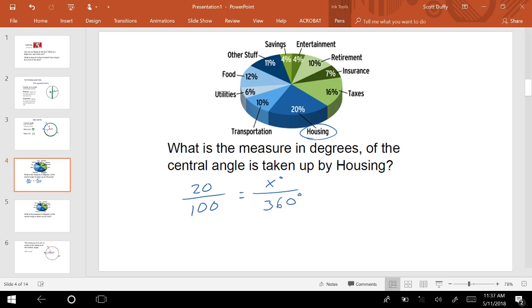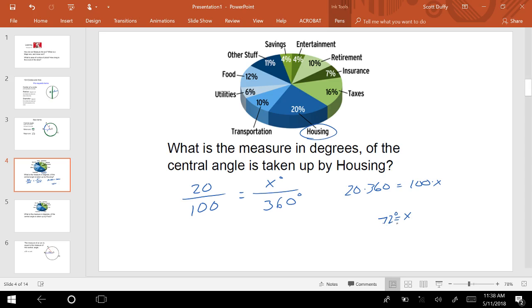Cross multiply, you get 20 times 360 equals 100 times x. And then you should get, calculating it all out, is 72 degrees.